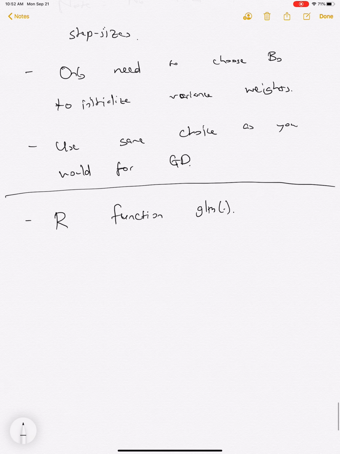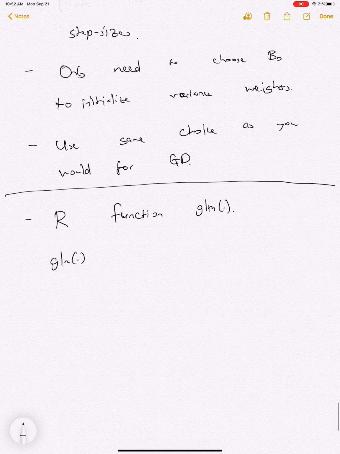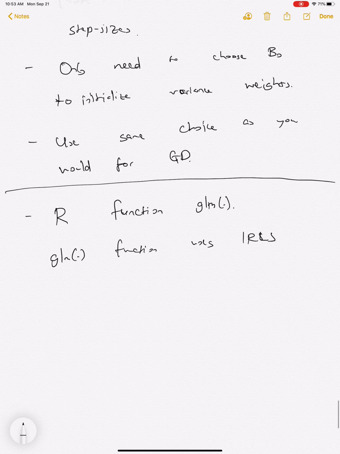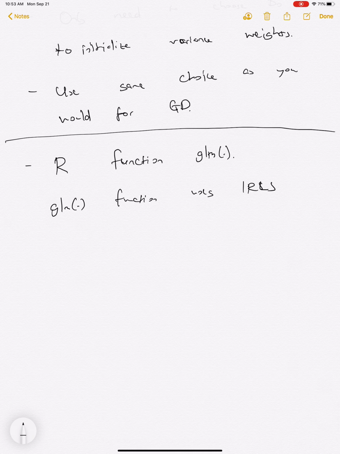So the GLM function uses IRLS. This is another iterative algorithm that gives you what you're looking for.